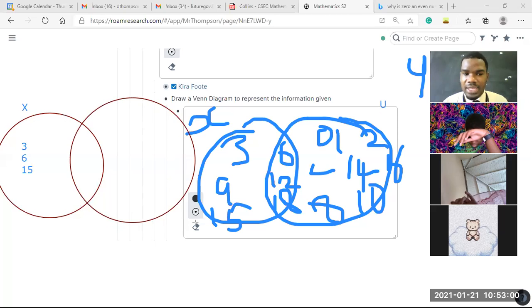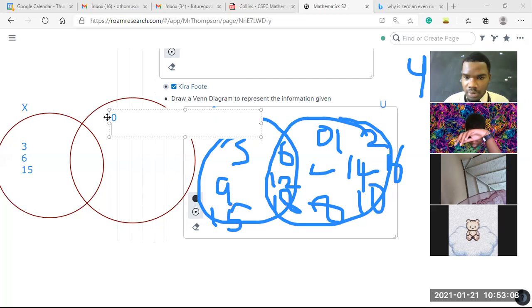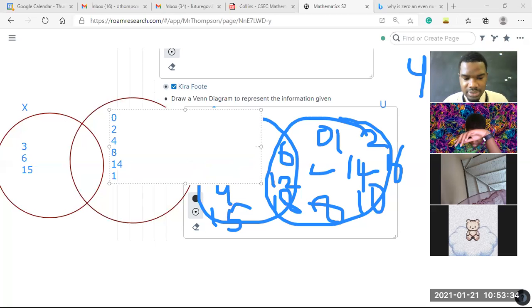Because set Y has more members, I'm going to make it a little bit bigger. We're going to write all the numbers: 0, 2, 4, 8, 14, 16.